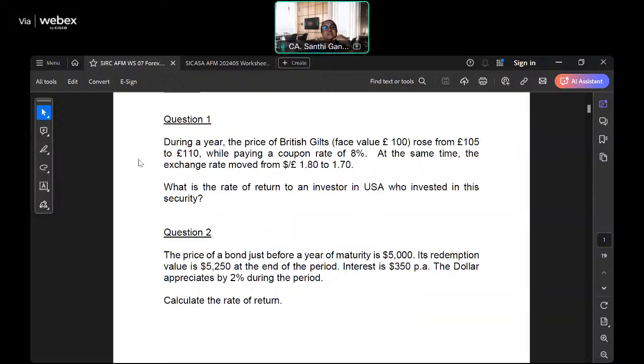We already discussed the other day, for us, return means the return consists of two components, income and capital appreciation. Income is the regular interest, and capital appreciation is the closing price minus the opening price.